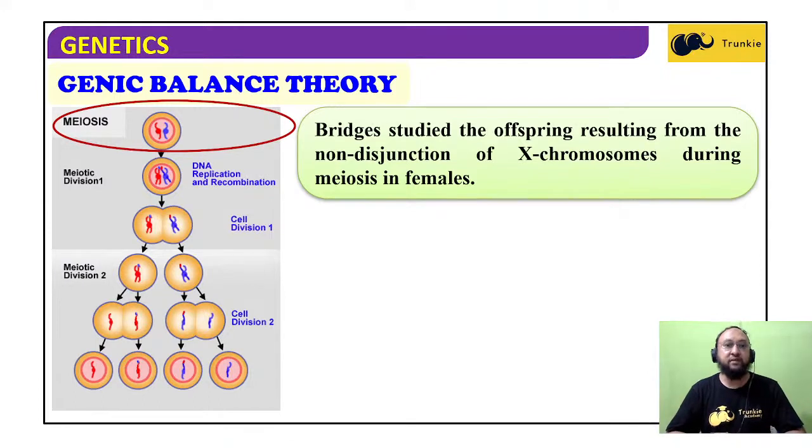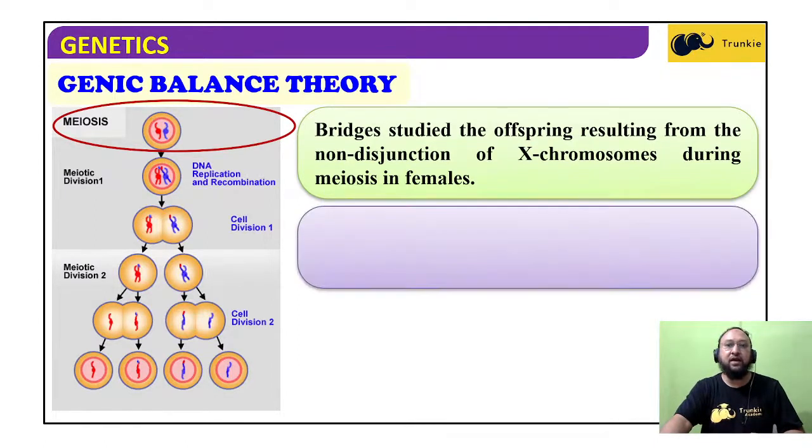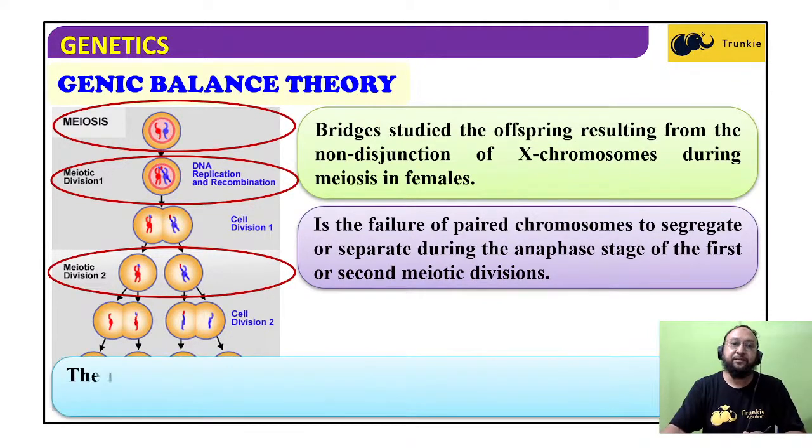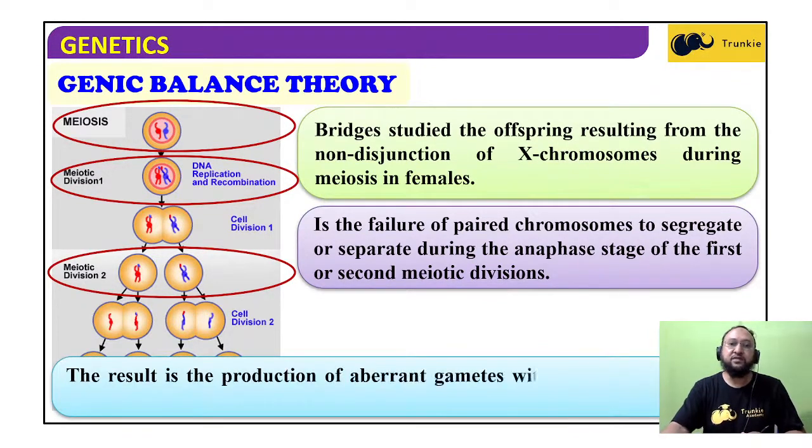He studied this in some female Drosophila. It is the failure of paired chromosomes to segregate during anaphase of the first or second meiotic division, and the result is the production of aberrant gametes with an abnormal number of chromosomes.